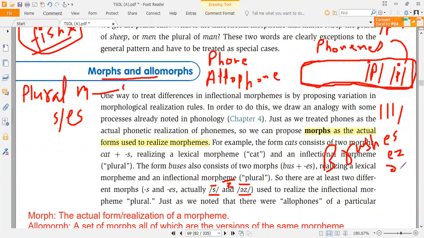So when we say plural, let's suppose I ask you to formulate the plural of student, how will you do it? Anybody? Students.